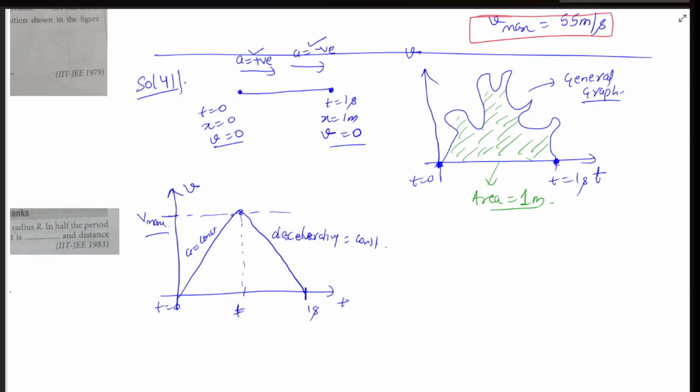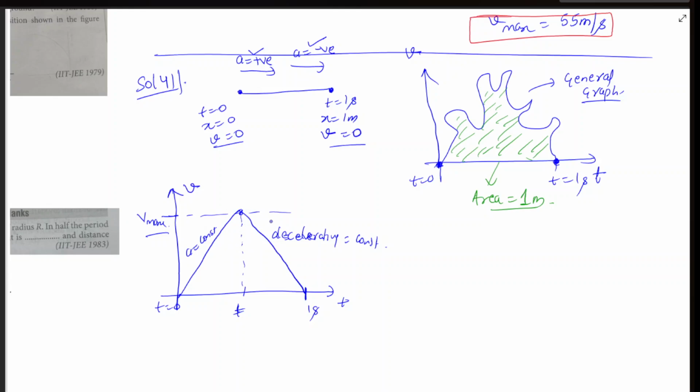Now, the slope of the VT curve will give us acceleration, right? That is why we are looking at the VT graph. Now let's say the particle initially goes with more acceleration. Okay, so this is a simple case.